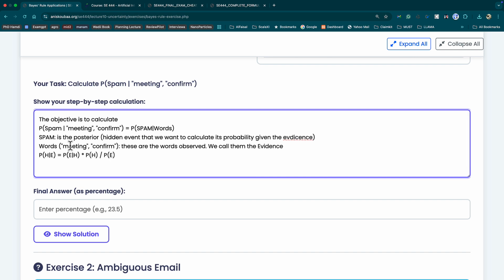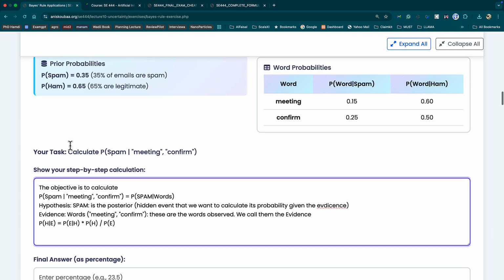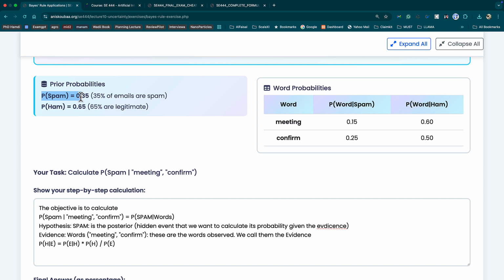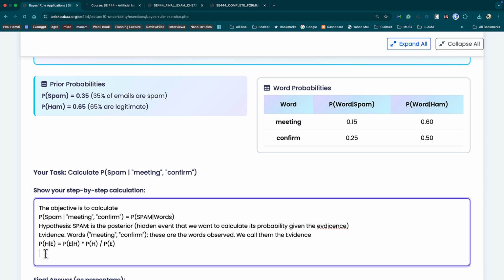Now we know what our evidence is. This is the hypothesis, and this is our evidence. From the question, P of spam is given.